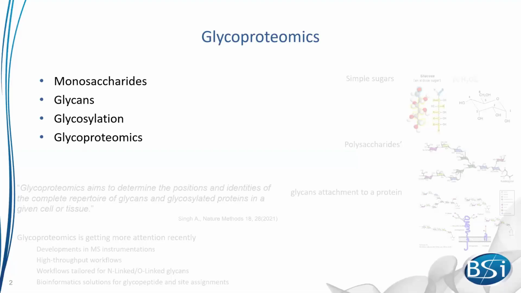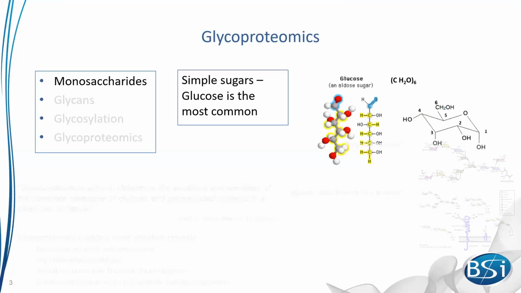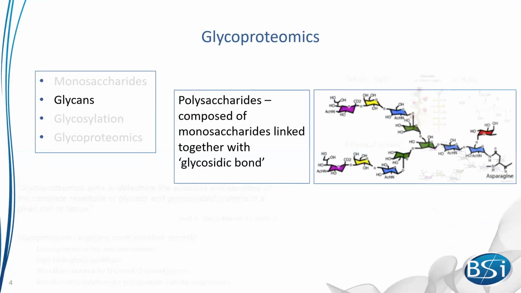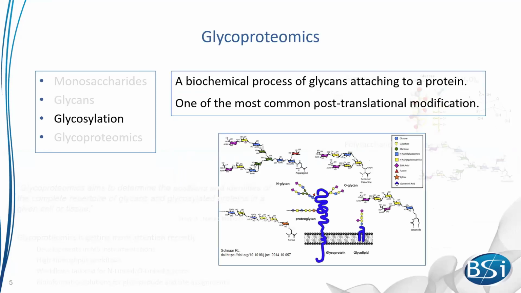The basic building blocks for glycoproteomics are the monosaccharides, which are just simple sugars, glucose being the most common of them. When these monosaccharides bind with other monosaccharides, they form polysaccharides, which are known as glycans. When these glycans ultimately bind with a protein or some other biological molecule through a chemical process, that process is called glycosylation, and we get glycosylated proteins.